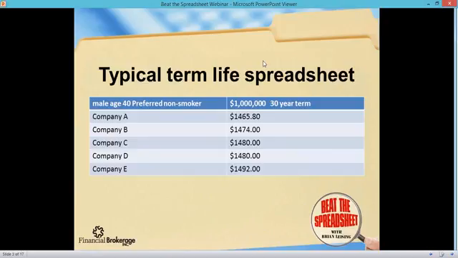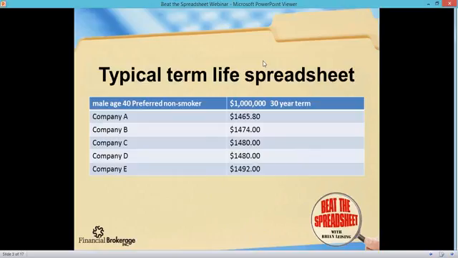You plug in the information and you're going to see the prices, and they are what they are. No matter which quoting software you use, the prices are going to be exactly the same. There are only so many major players in term life insurance in this country, and they're all going to be pretty close to one another.